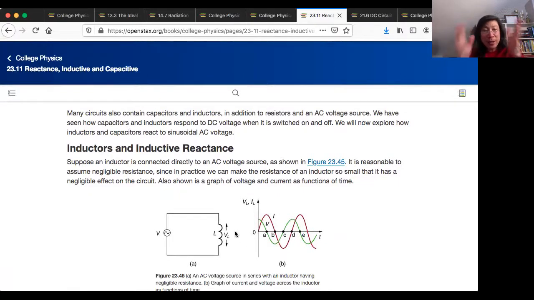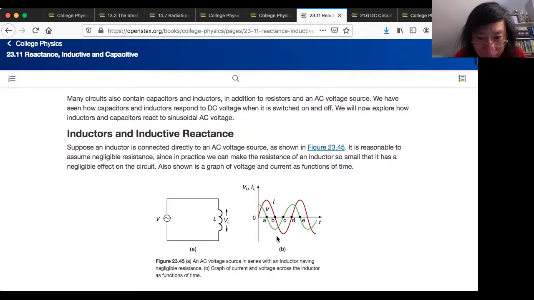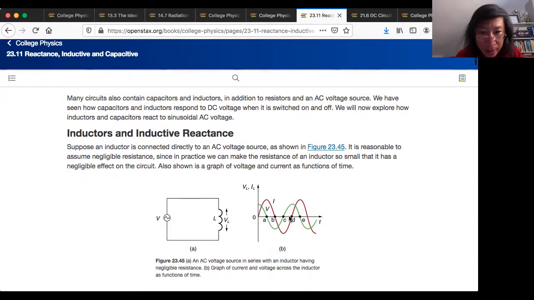Because it has this inductive reactance, it has this time lag. The graph of the voltage is the green line. The graph of the current is the red line. Notice how they're shifted off in one direction. Why does that happen?